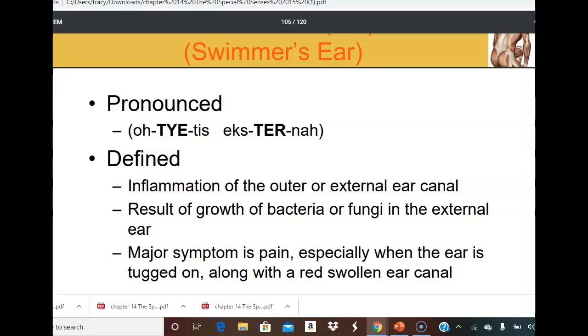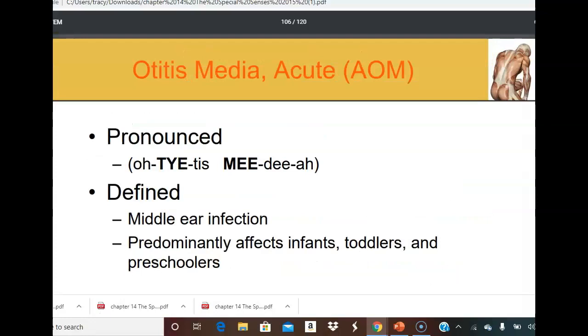It is more common in swimmers because of constant moisture in the ear canal causing it to become macerated. There are boric acid ear drops that are called swimmer's ear that can be utilized after people swim, that dries up the excess water, that helps prevent this from happening.